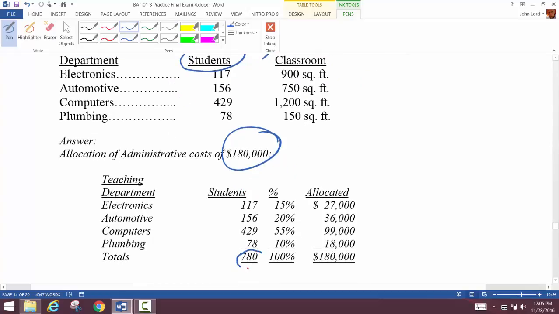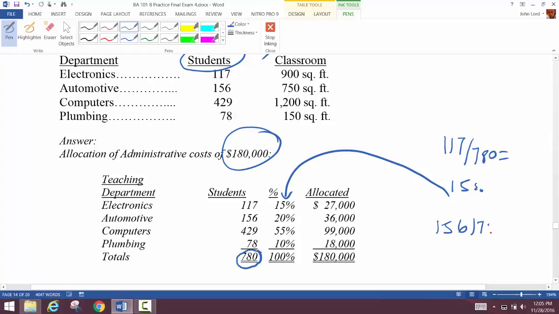This is the world's smallest college, I guess. 117 divided by 780 should be about 15%? Yeah, it's 15%. Okay. 156 divided by 780, I'm thinking should be about 20%. Yep.